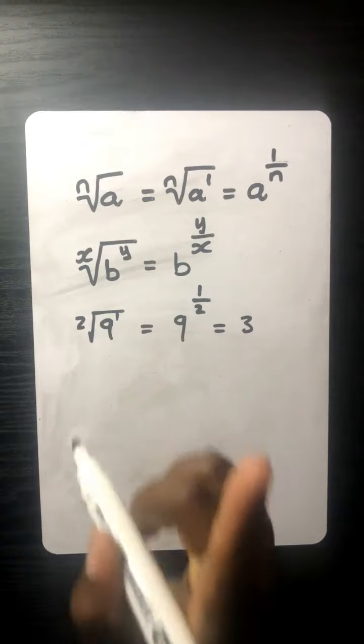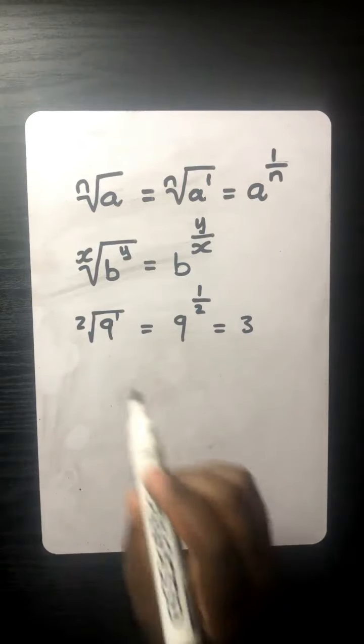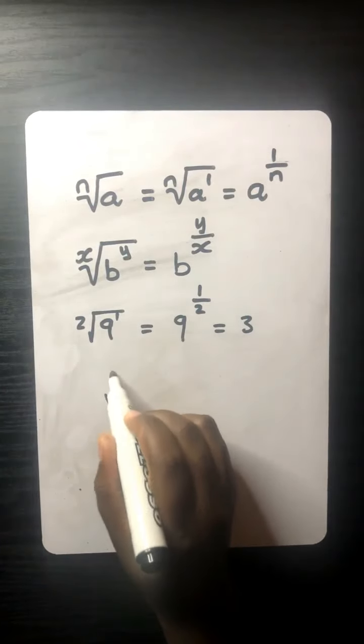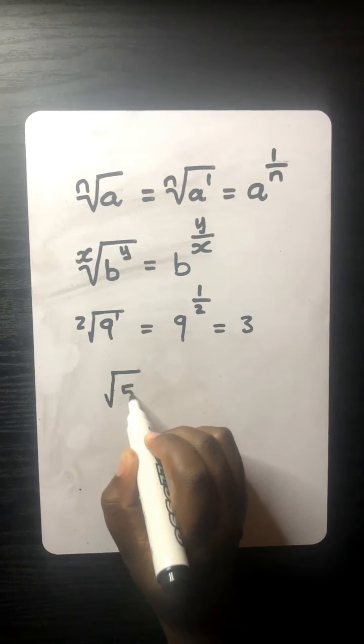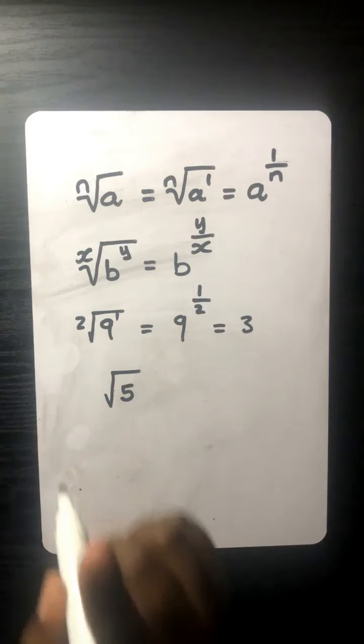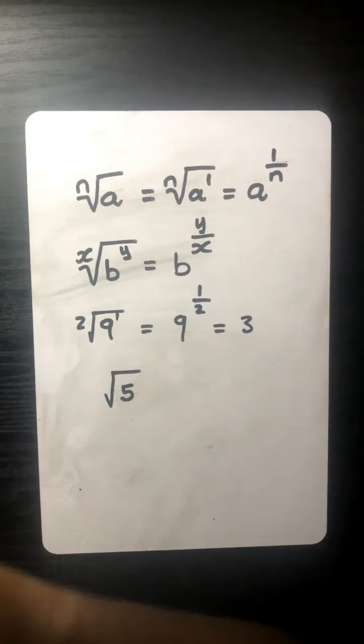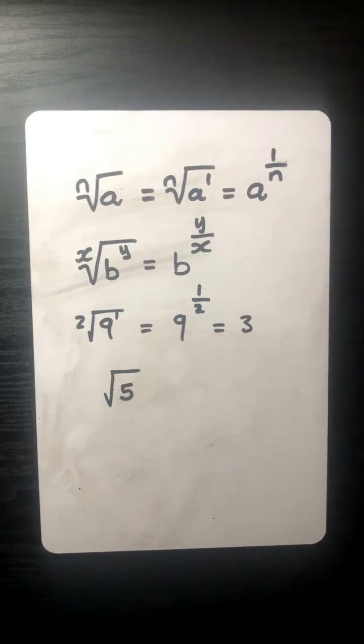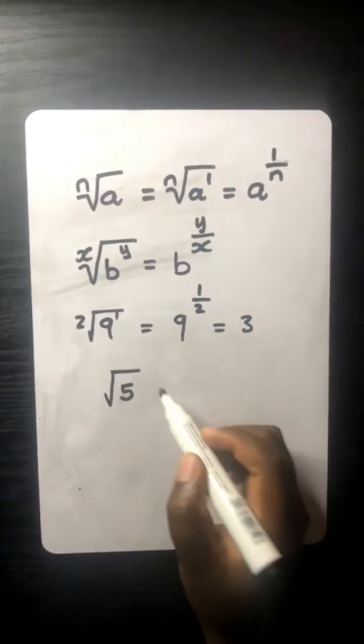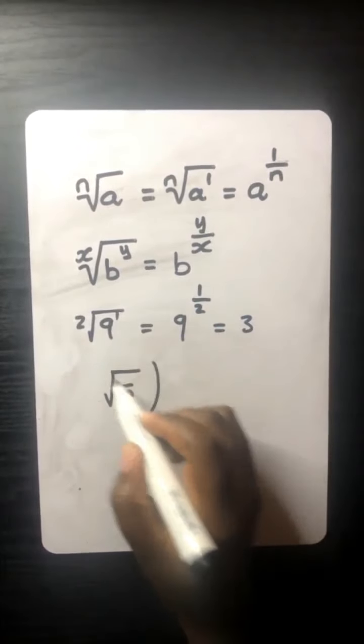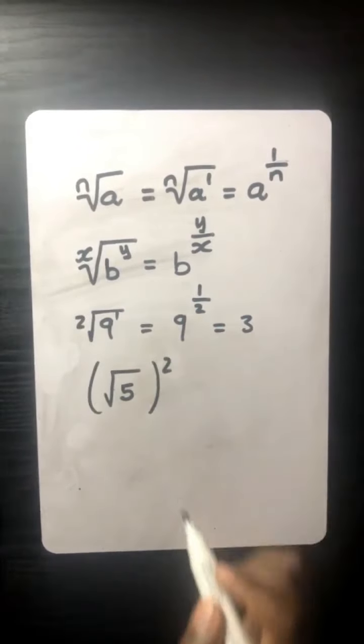I want to make you aware of something. When you have, let's say, the square root of 5, in some mathematical problems where you need to remove the square root, they always say you square it, multiplying by 2.